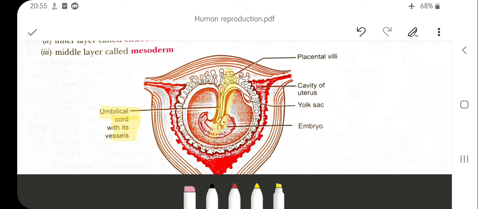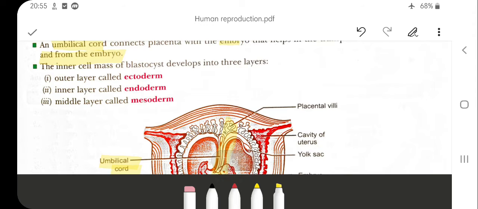Next, the fate of the inner cell mass, which is the inner layer of the blastula, is that it develops into three layers. The outer layer is ectoderm, the inner layer is endoderm, and the middle layer is called mesoderm. So that is the formation of three embryonic layers. The phenomenon is known as gastrulation, that is the gastrula.